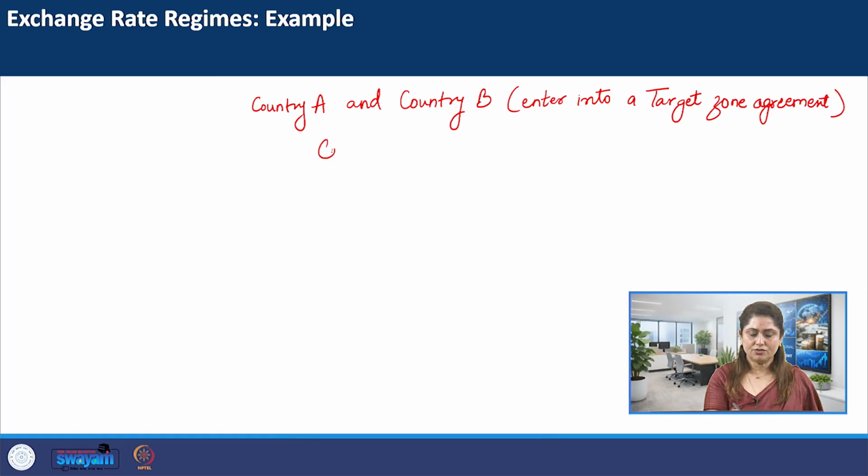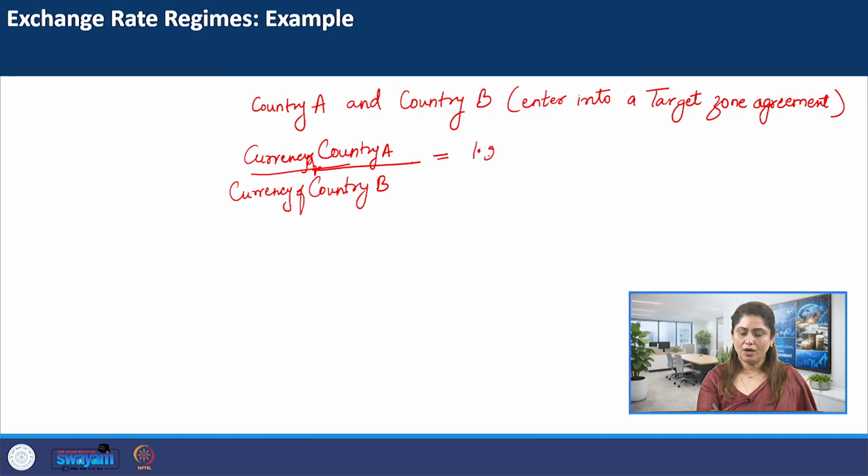This means that country A will maintain a fixed exchange rate with country B. Let us say that they have decided that the exchange rate between the currency of country A and the currency of country B is 1.20 plus minus 2.5%.